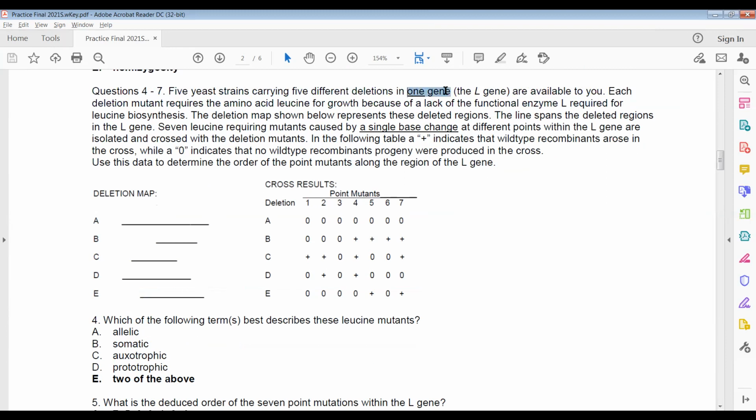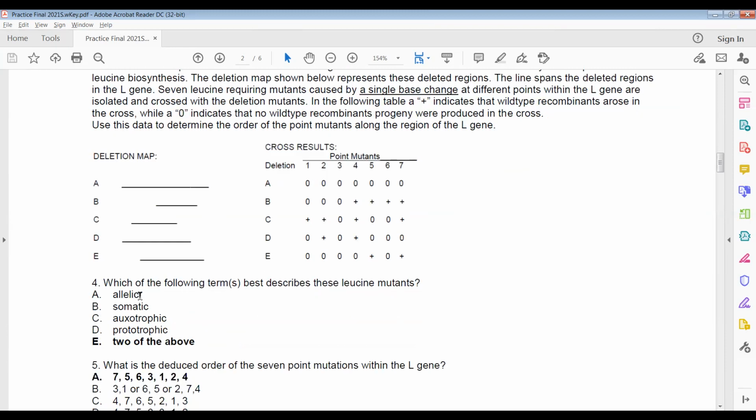We are talking about one gene, so of course this will be allelic, because different mutant strains represent different alleles of the same gene. Then answer A is correct. Also, somatic is not correct, because we're talking about yeast, which is a single-cell organism, so this is not somatic.